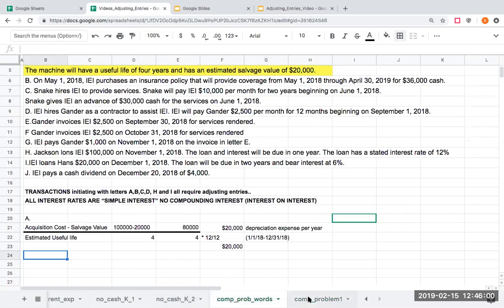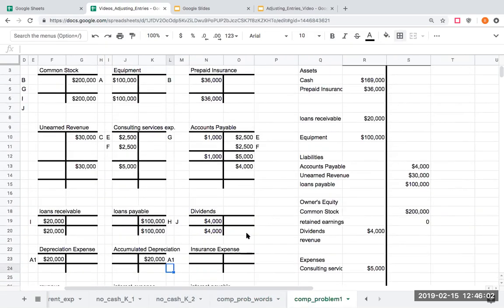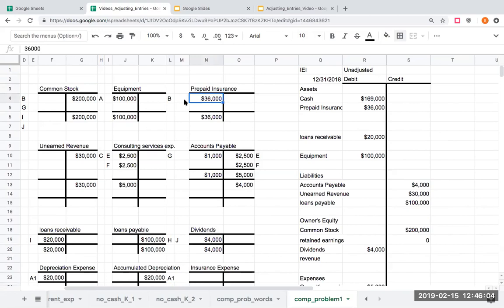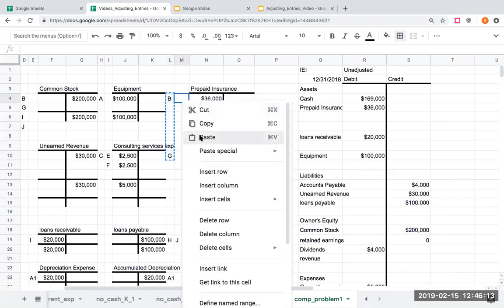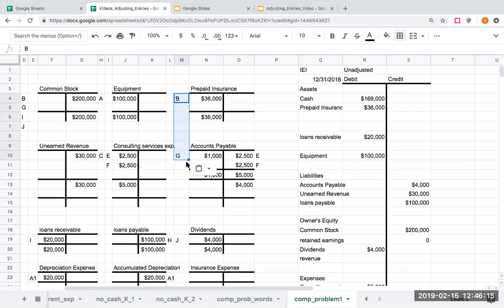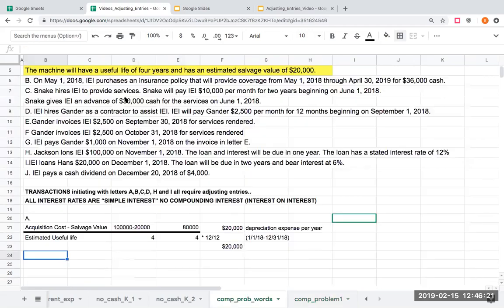cash. When I look here at my prepaid insurance policy, this was really my balance on May 1st. And that was May 1st. Now we're at December 31st. And so the challenge for us is, do we still have $36,000 worth of insurance coverage?